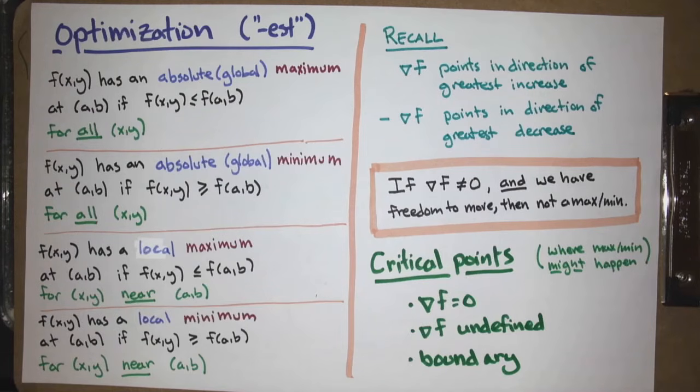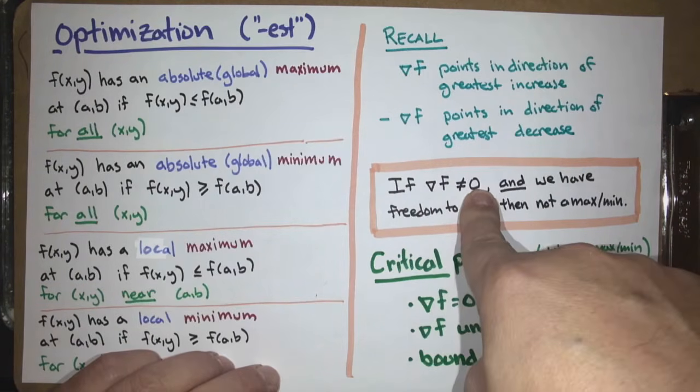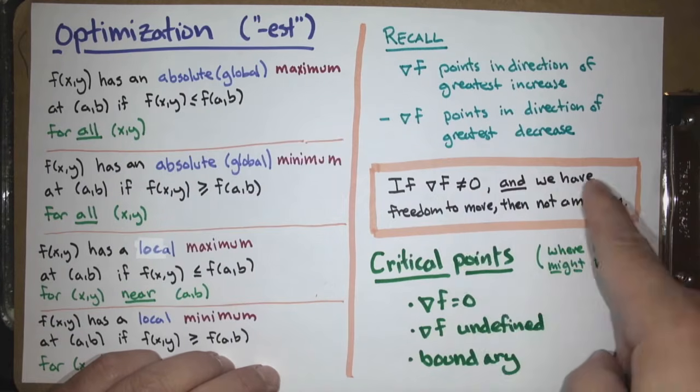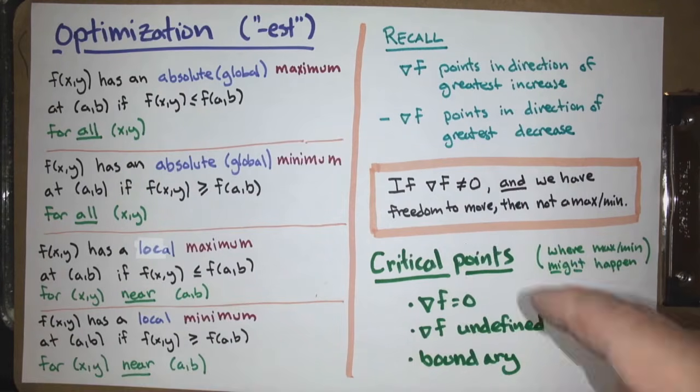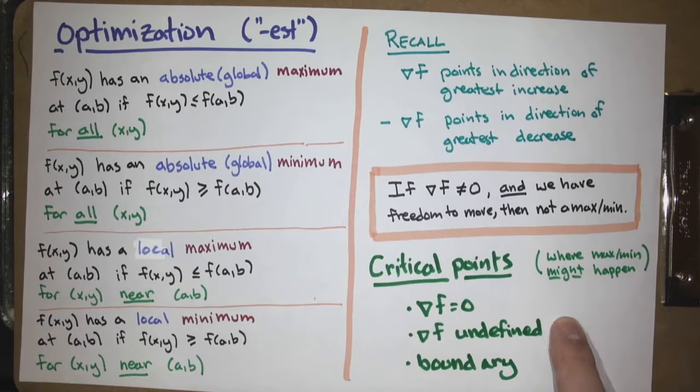Well, what needed to happen? We needed to have a gradient, and we needed to make sure it wasn't 0, and we had to have freedom to move. So where do we look for our maxes or mins? Well, look for where the gradient is 0, where the gradient is undefined, or the boundary.